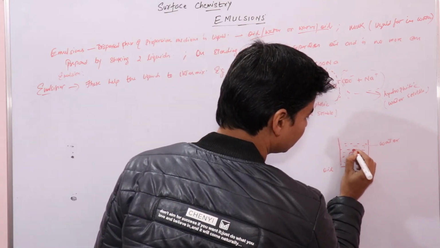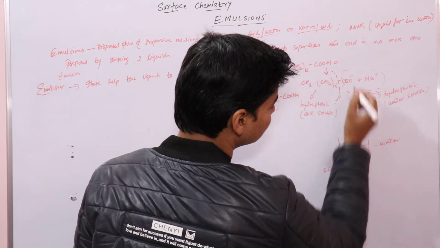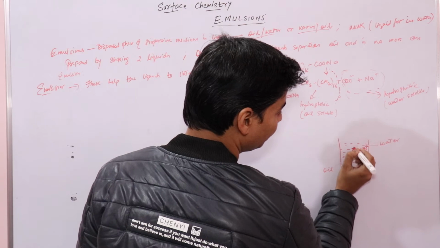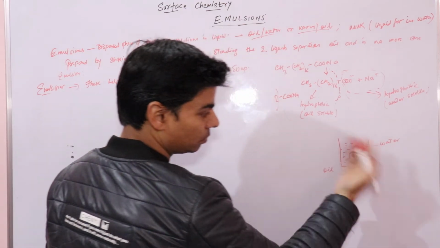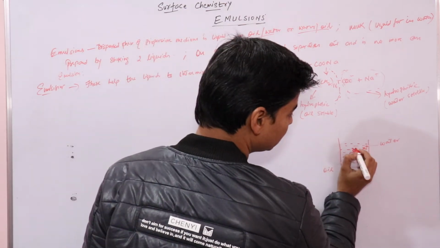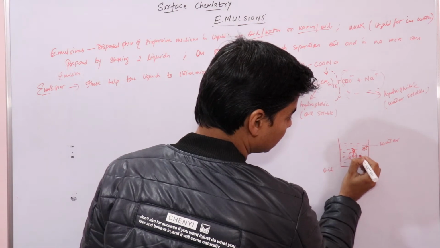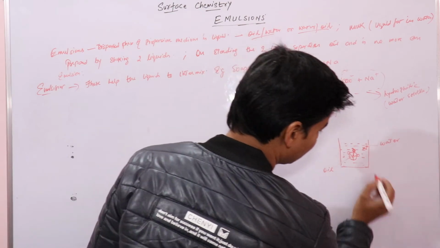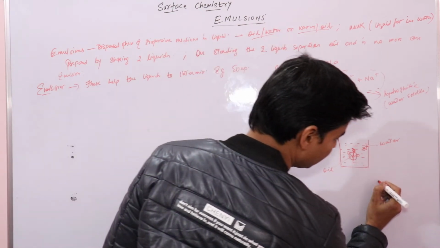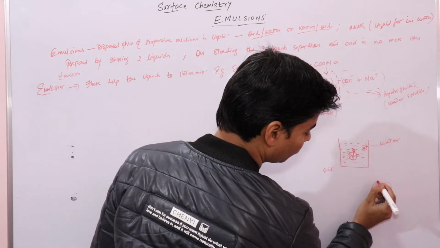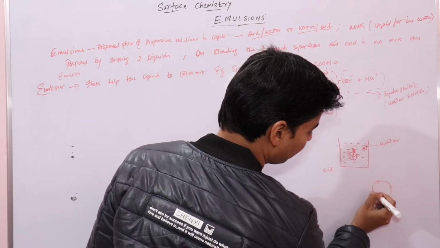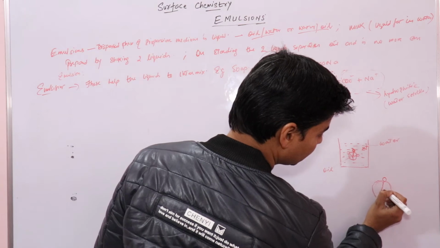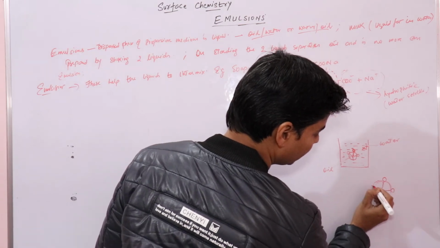And this circle represents the negative sign, and sodium will float in water as sodium ions. This is how it will interact. I'll just draw this outside. If this is the drop of oil and you have a layer of soap around it, this is how it will interact.